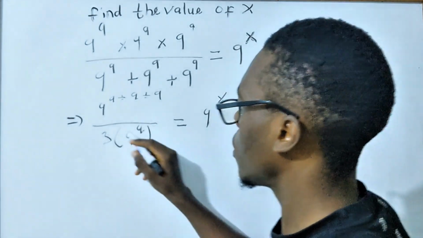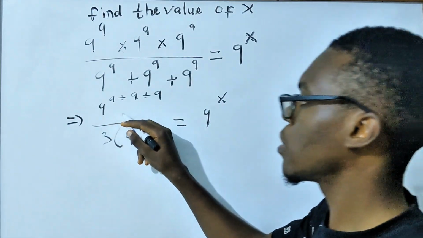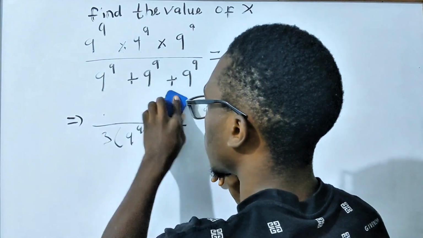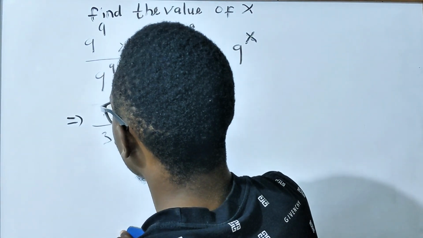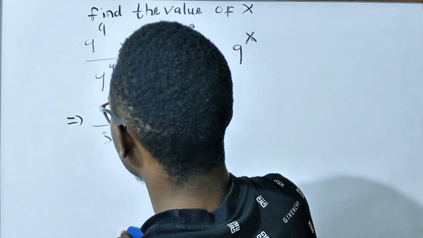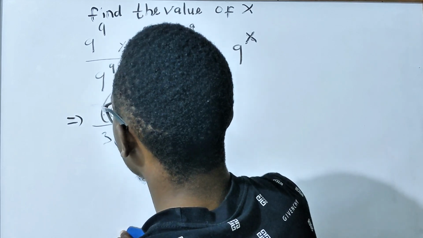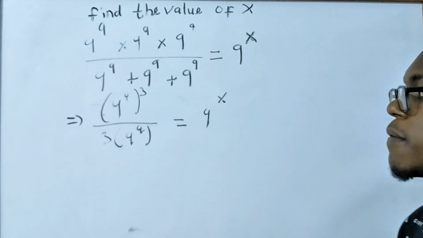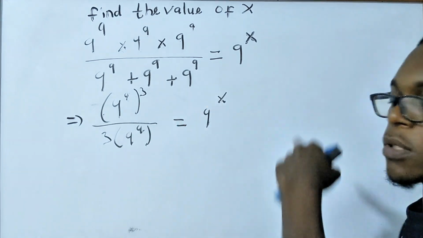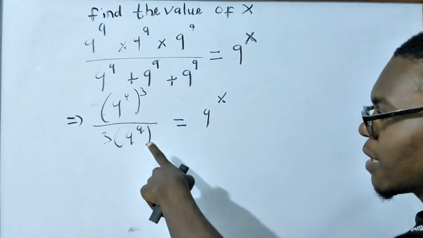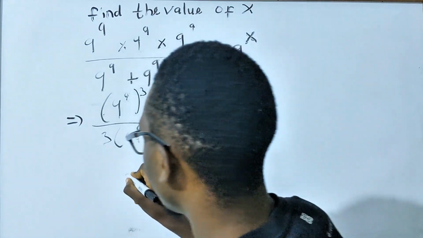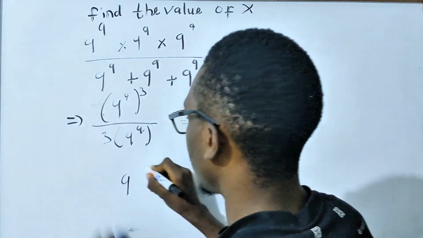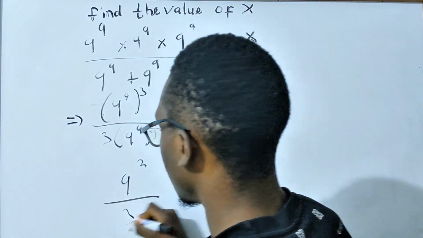You can see that this numerator is just like 9 to the power 9, all cubed, because 9 times 3 will still give 27. That is 9 plus 9 plus 9. A guy might take this and divide by 9 to have 9 squared all over 3.